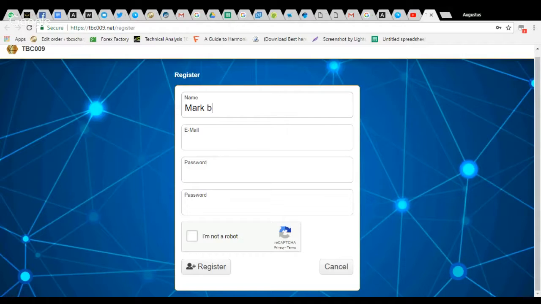You have to put the same password again to confirm you have done the right thing.